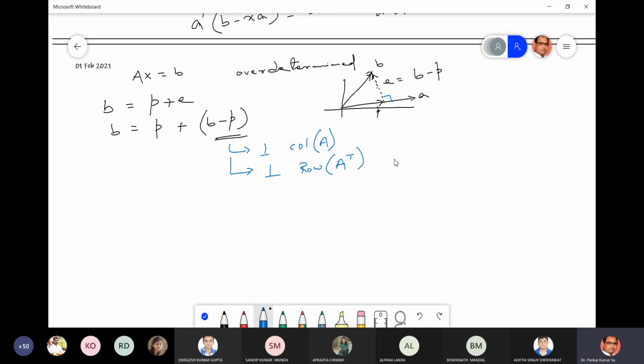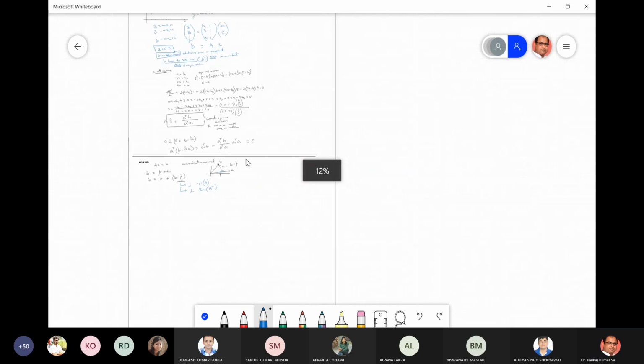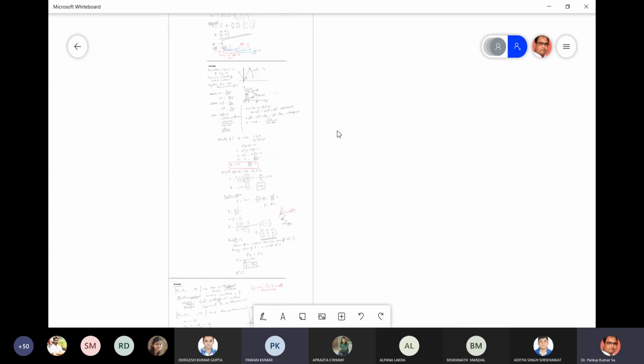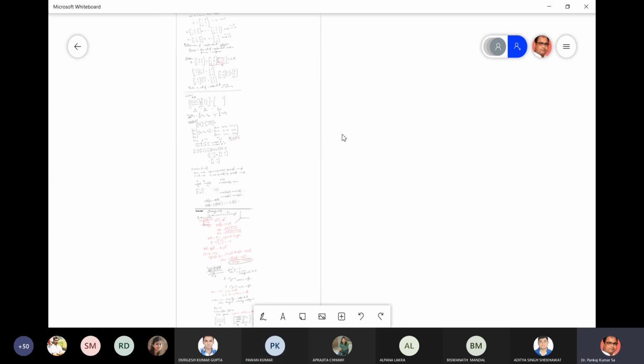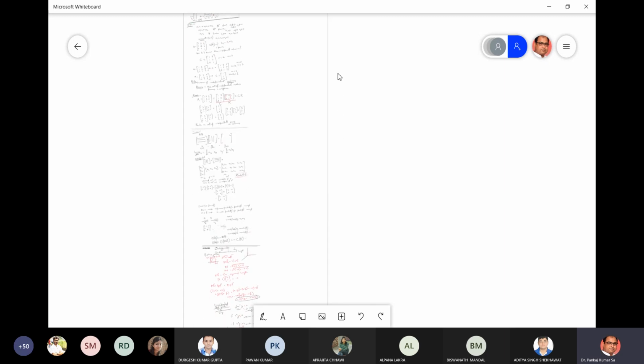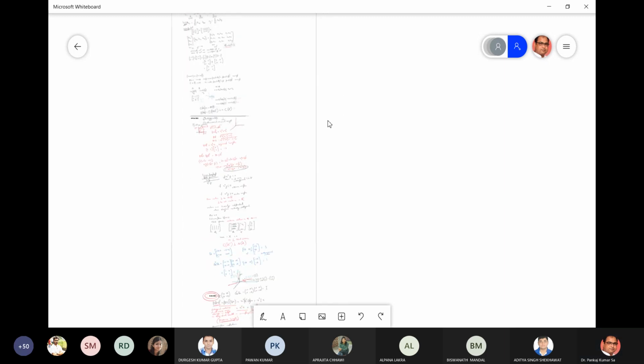Now, in one of our previous classes, we saw the relationship between row space and null space. What is the relationship between row space and null space? They are perpendicular. If you just go back to the previous class notes, I hope you can see, right, when I drag up and down.